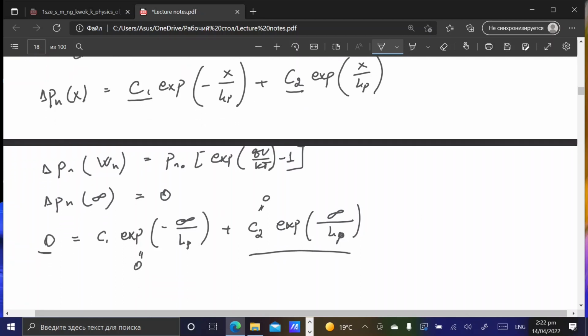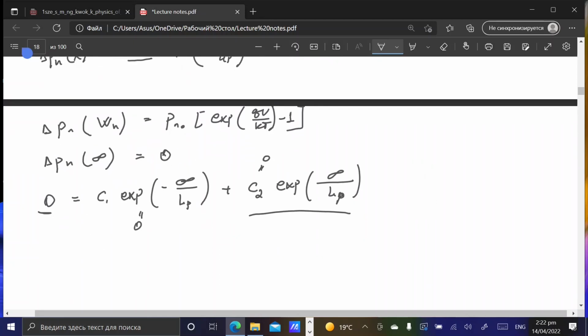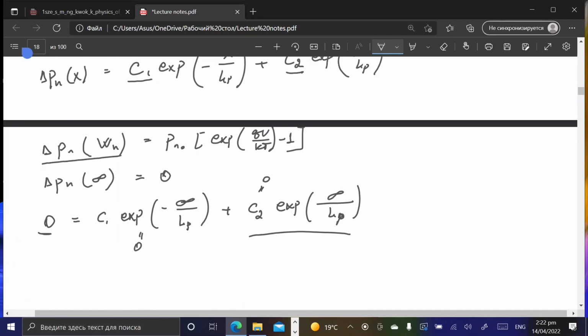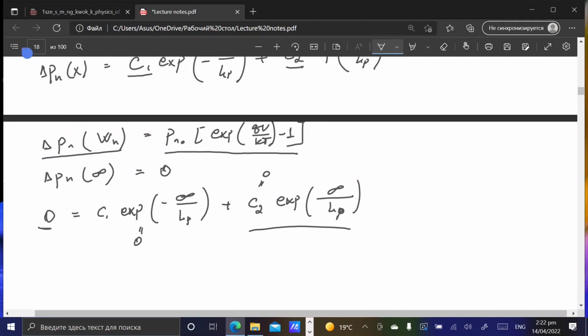Now we can substitute the first boundary condition, that at coordinate Wn it will be equal to this expression: Pn naught times exponent QV divided by KT minus unity.